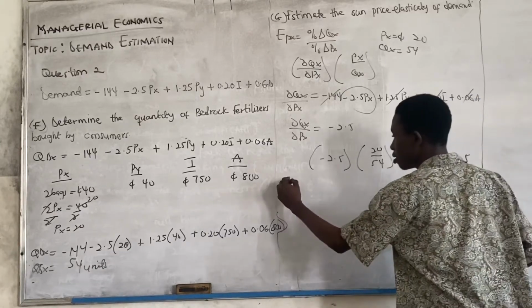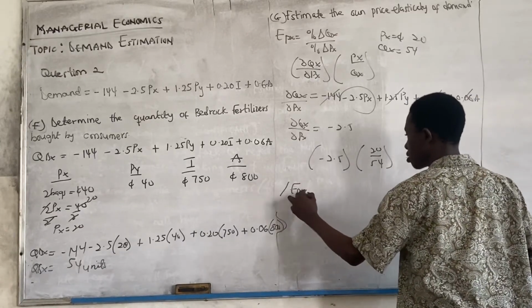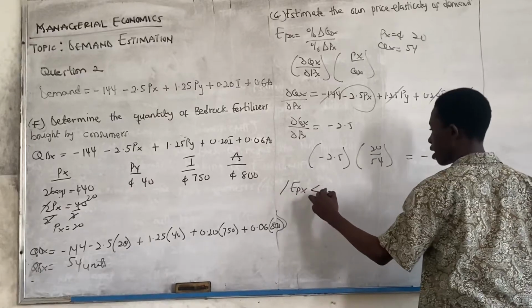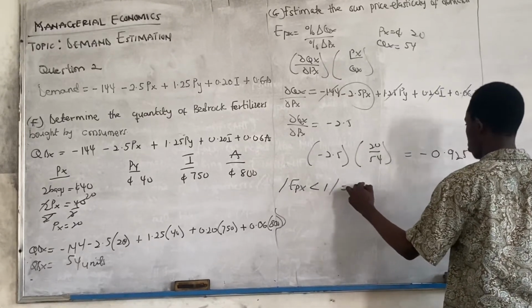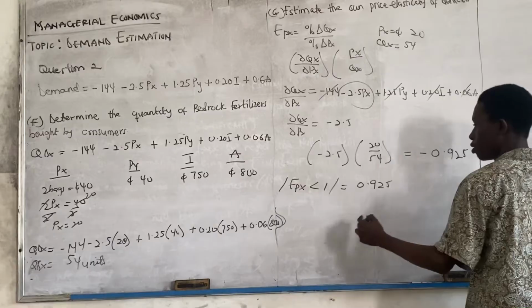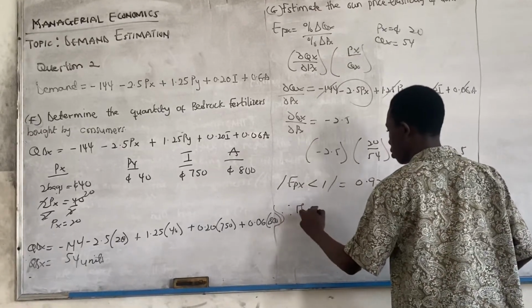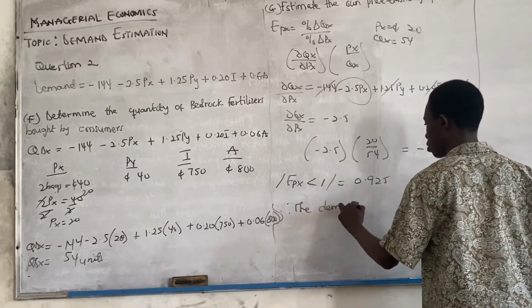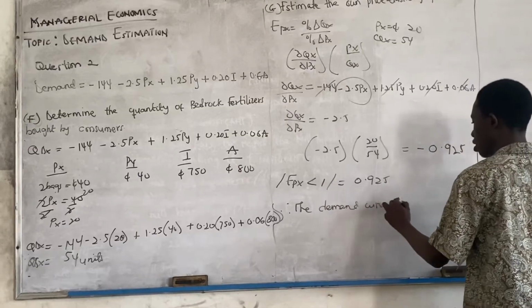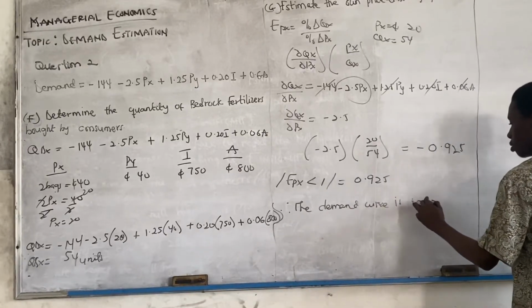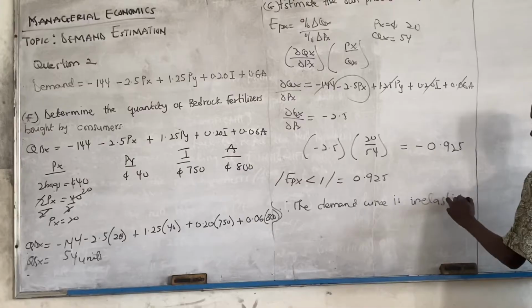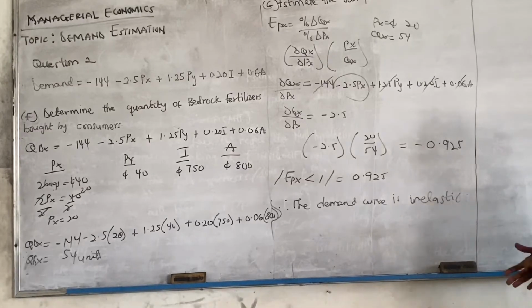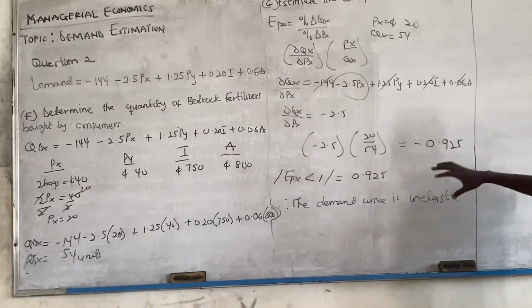So this becomes the absolute value of EPX, which is less than 1. So 0.925. Therefore, the demand curve is inelastic. So basically, that is how we estimate the own price elasticity of demand.